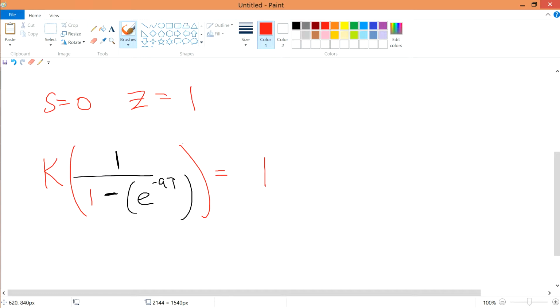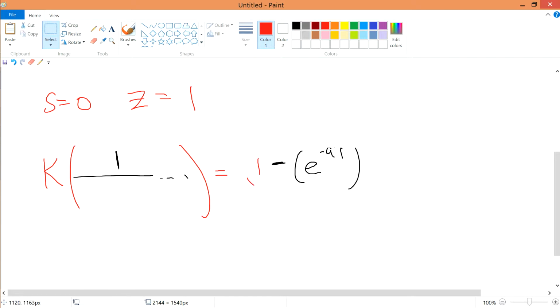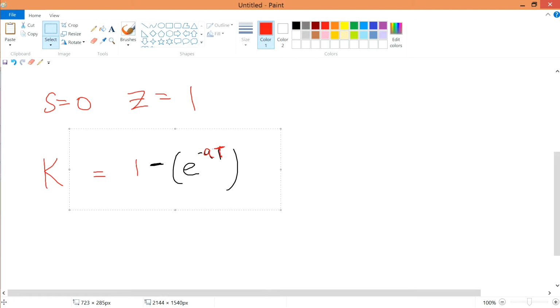But anyway, now we just simply rearrange stuff, because this is at the denominator, I can just bring it up. And then this is the numerator; if you bring it down, it's just simply divided by 1. So therefore my K is equal to 1 minus e^(-aT) over here.